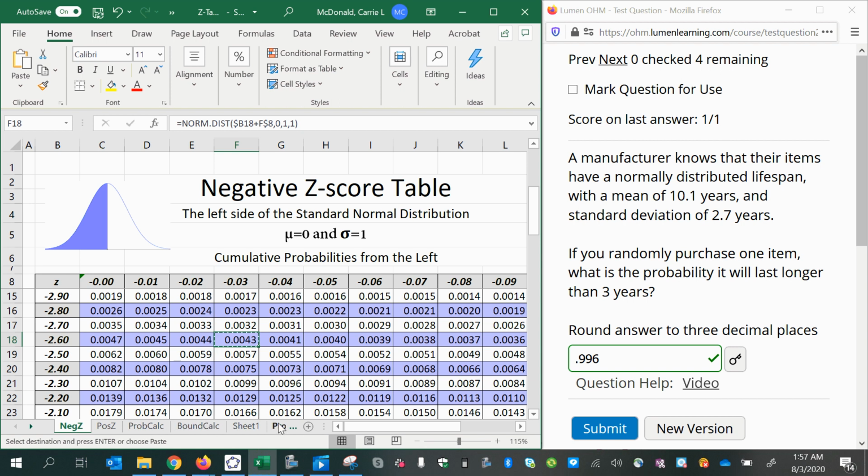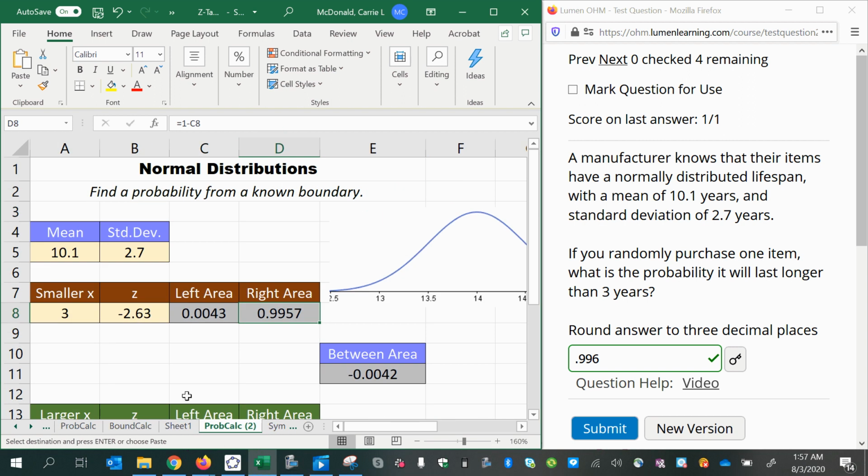The area I want is to the right. That looks different than what I just found. No, it's about the same. It's just rounded differently. So then taking that and subtracting it from 1, I would end up with the same final answer.